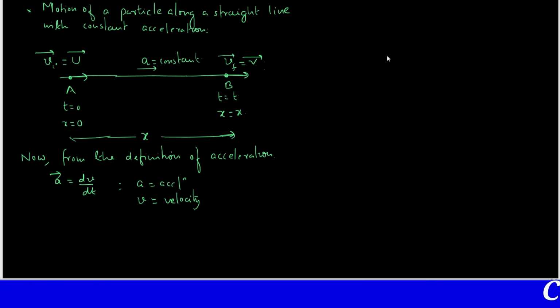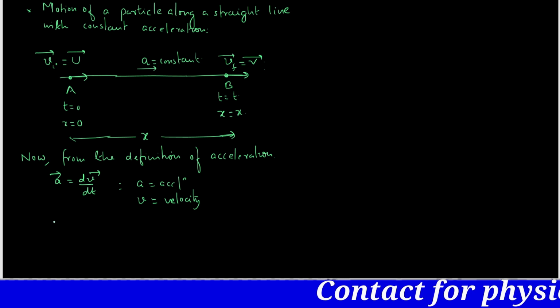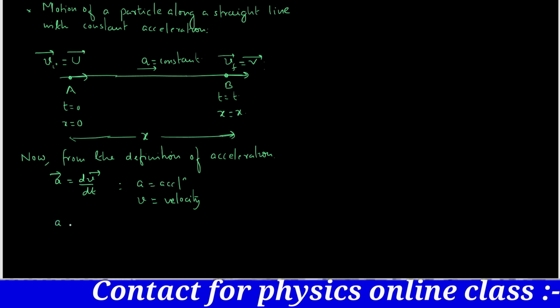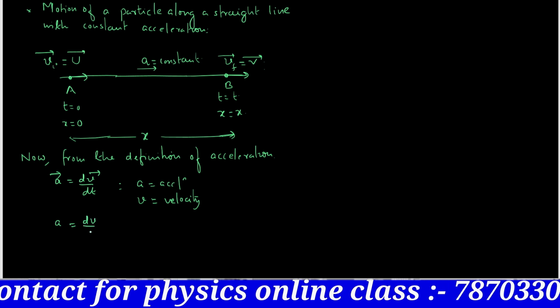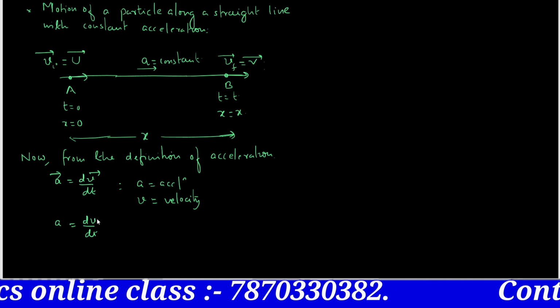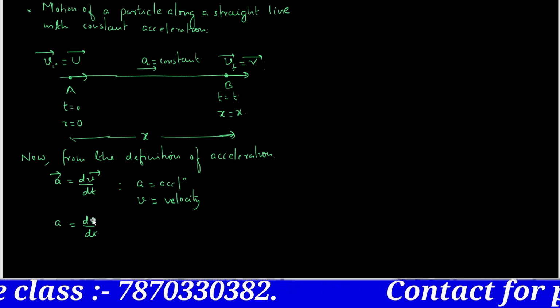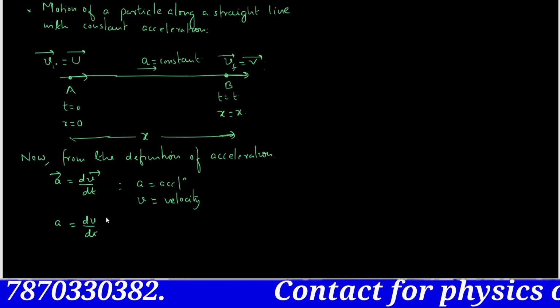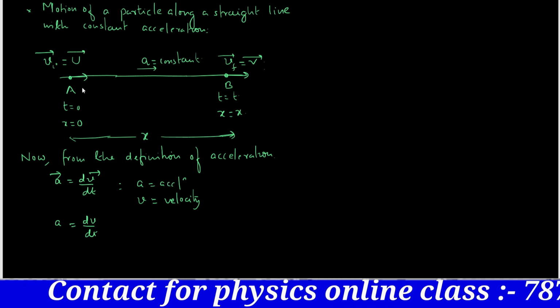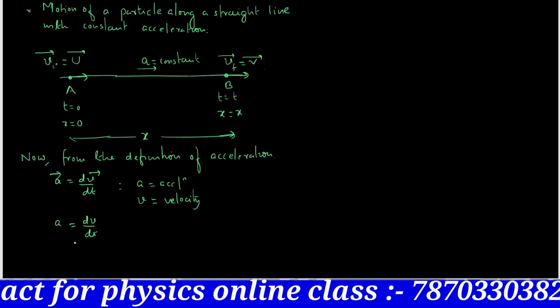Okay, understood. Here a equals dv by dt, and I have omitted the vector sign in this equation. You should understand, here a is acceleration and v is velocity, and this v has any value between u and v, between point A and B, right?